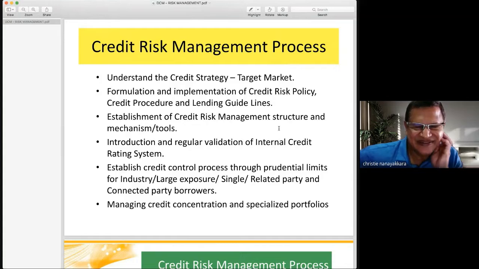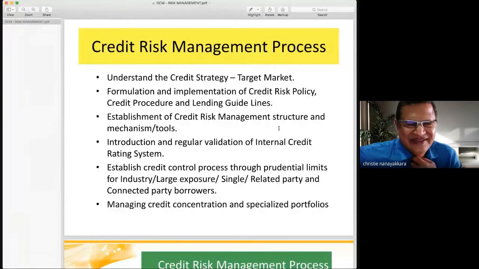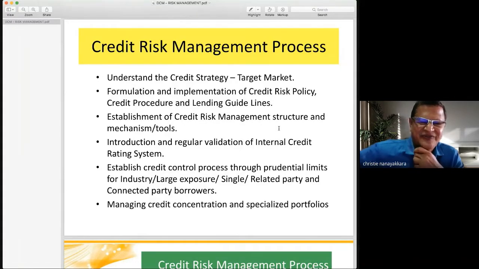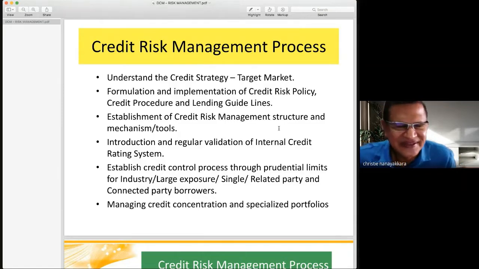Under financial risk, you will discuss its profitability, its liquidity, its solvency. All that will be discussed, and certain ratios we will create. Once those ratios are acceptable to the bank, they will get the highest marks for that. So similarly, there will be a lot of validation points of the rating system.